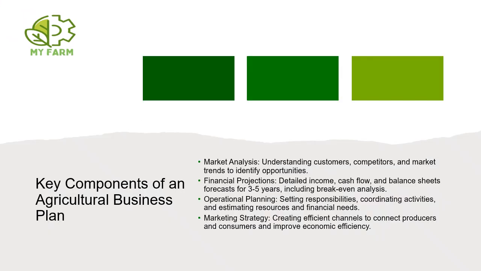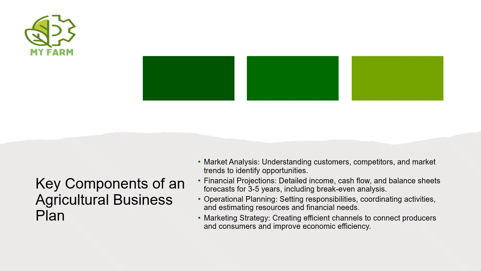An effective agricultural business plan includes several essential components that guide decision making and long term growth. One of the most important elements is market analysis. This involves understanding customers, competitors, and broader market trends to identify real opportunities.